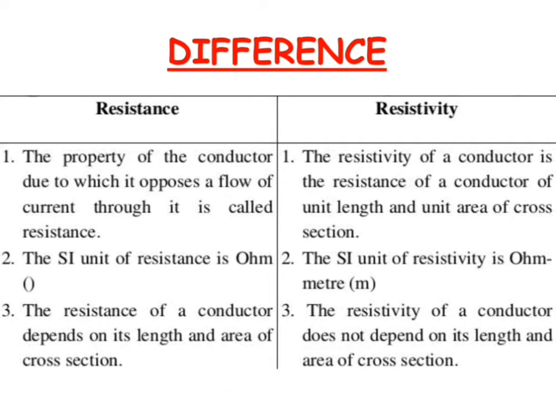Then the SI unit of resistance is ohm and the SI unit of resistivity is ohm meter. The third point of the difference is that the resistance of a conductor depends on its length and area of cross section, whereas the resistivity of a conductor does not depend on its length and area of cross section, because resistivity depends on the material of the object and the temperature.